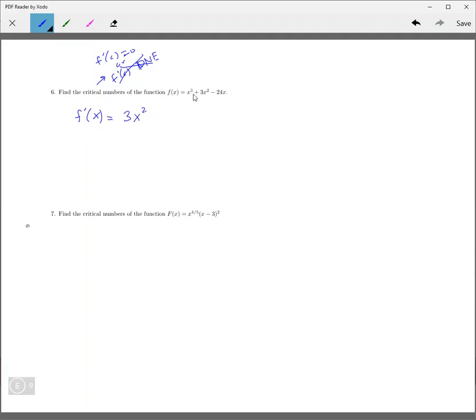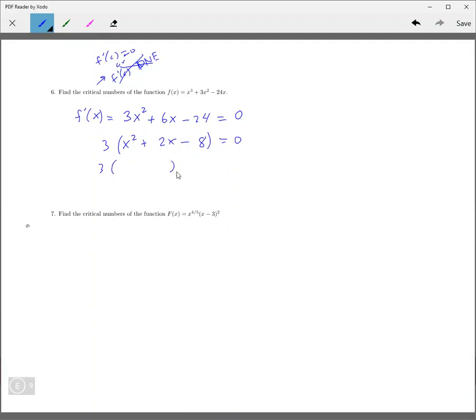So the derivative of x cubed is 3x squared. Derivative of this is going to be 6x. Okay, the 2 comes down. 2 times 3 is 6. This reduces by 1, and then this is going to be minus 24. Okay, you set that equal to 0. You can factor 3 out. So you get x squared plus 2x minus 8.